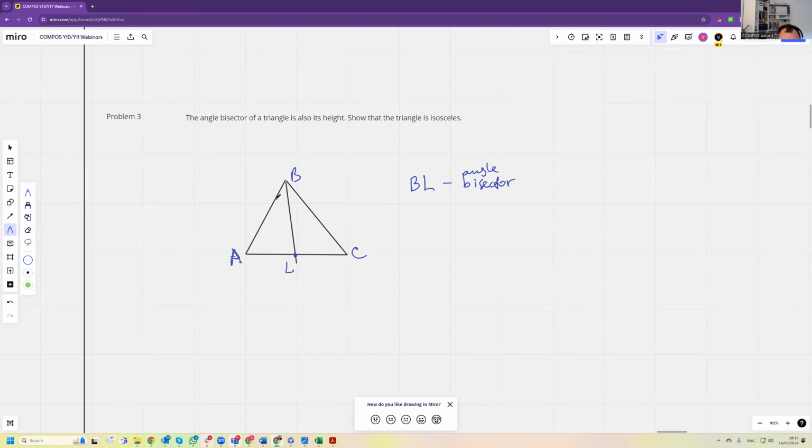That means that this angle is equal to this angle. So first, 2. That means angle ABL is equal to angle CBL.